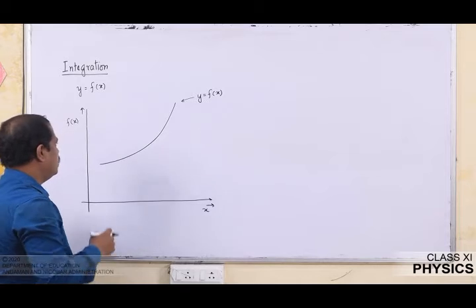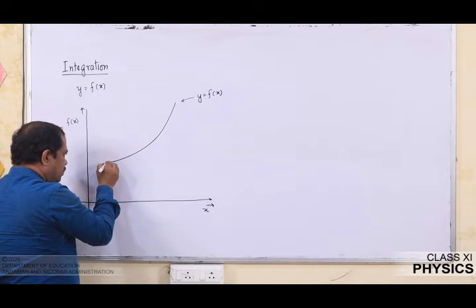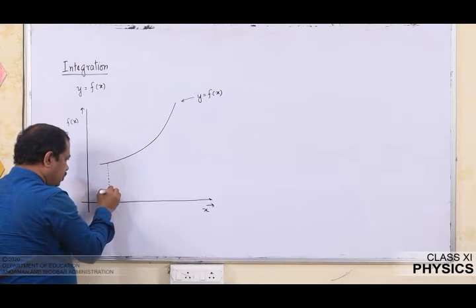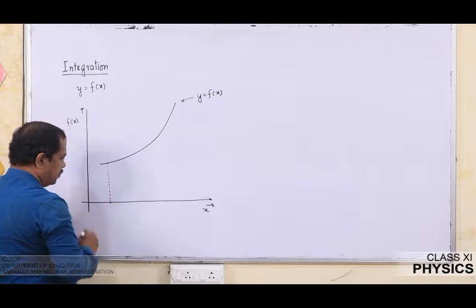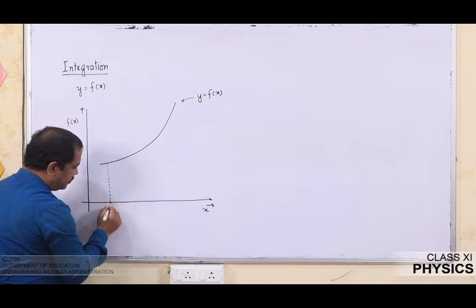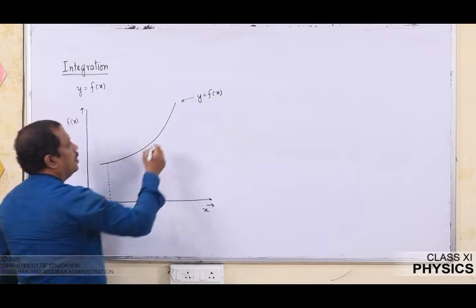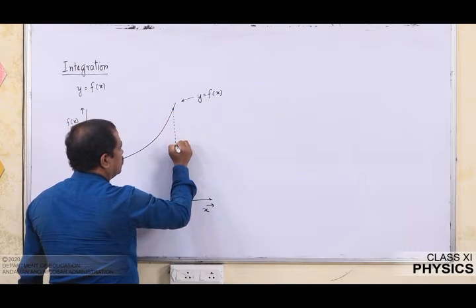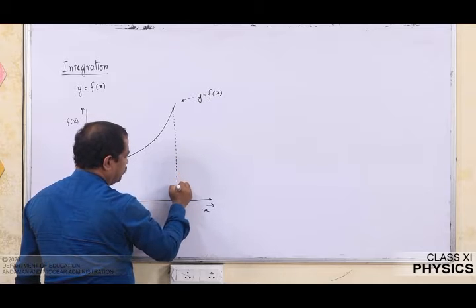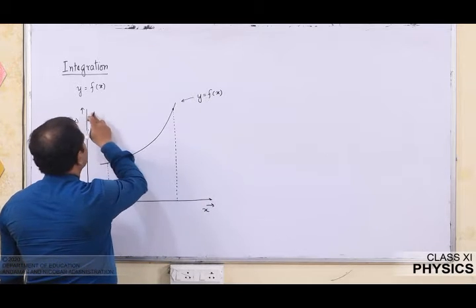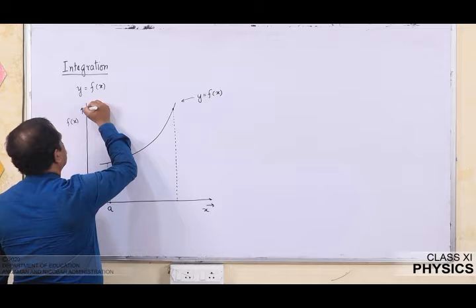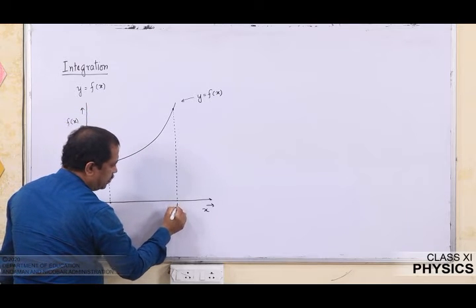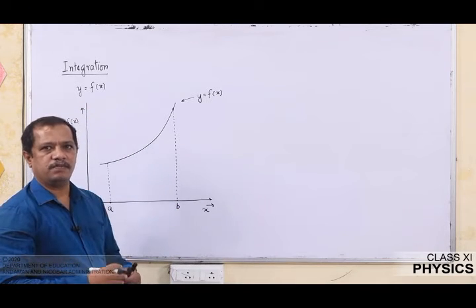Now, let me imagine that for this particular value of x, the value of x is equal to a, and for this particular value, the value of x is b.